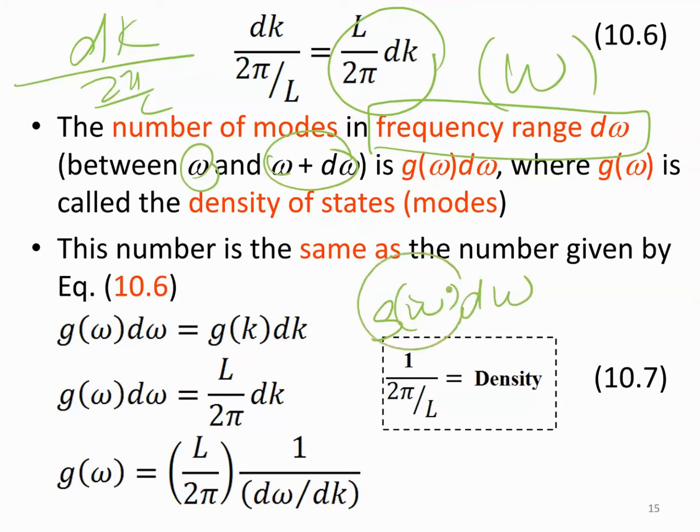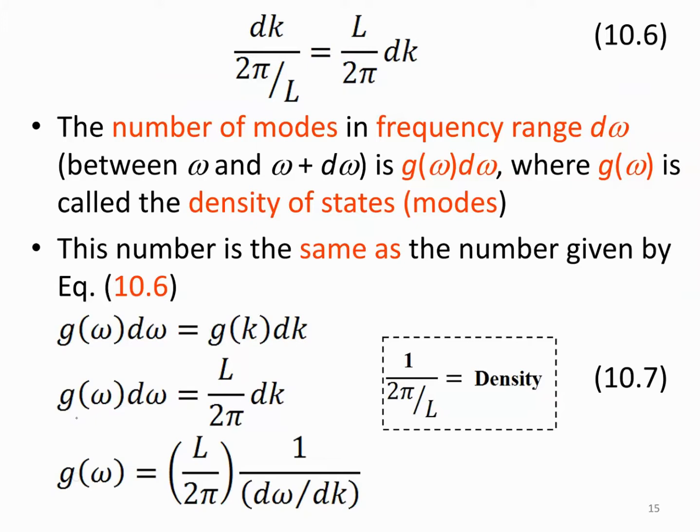So g omega is the density of states, and this number is the same as the number given by equation 10.6, because the number of modes that we obtain based on k, the wave vector, should be equivalent to the number of modes that we obtain based on omega. Okay, because we have the dispersion relation between k and omega.